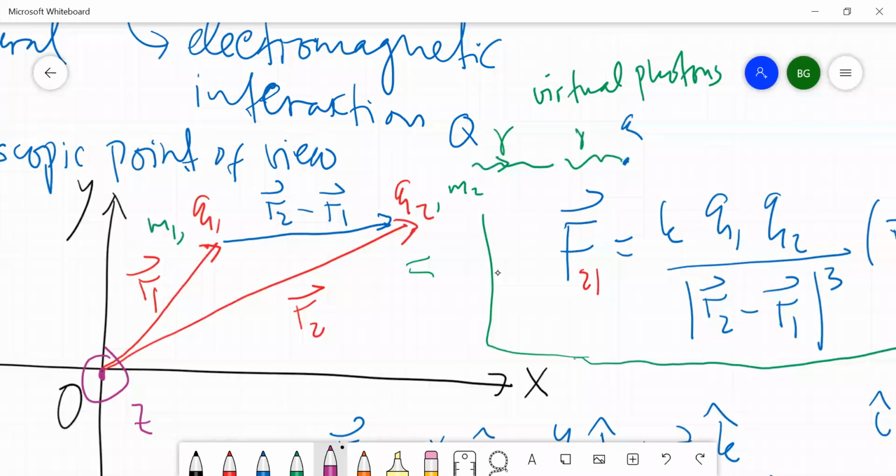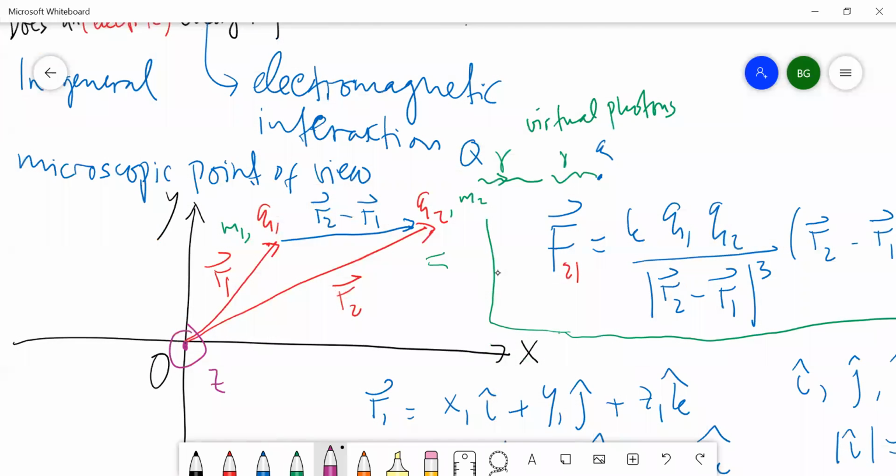Biasanya dalam mendefinisikan hukum Coulomb secara formal kita menggunakan ruang Euclid 3 dimensi. Konvensinya saya ambil aturan tangan kanan.